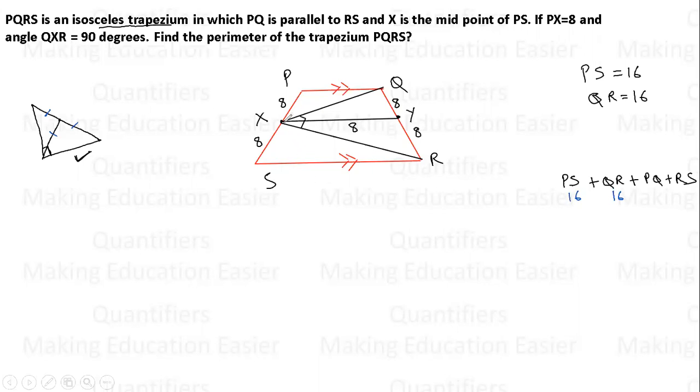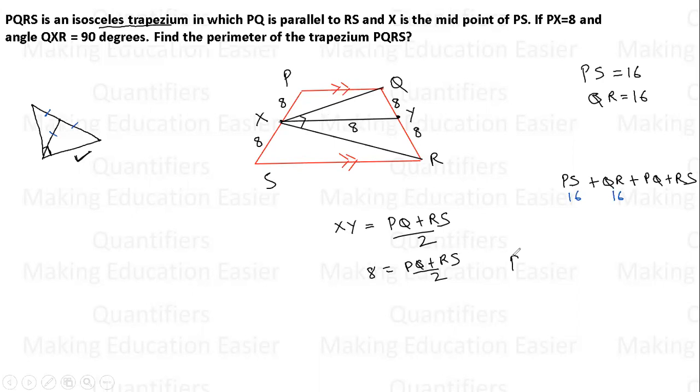And now students, in the beginning only I told you the theorem. If you join the midpoints, the length of this mid segment XY will be the average of the parallel sides. Now we know the mid segment XY is 8. So we can find the sum of PQ and RS.